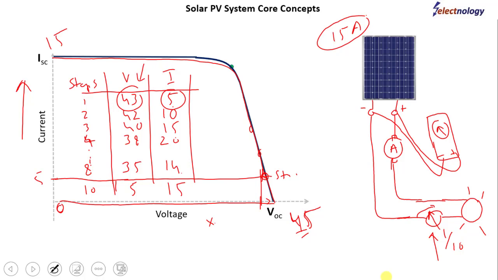Suppose the voltage across the PV module is 35, then the current shall be 14 amperes. So this shows the relationship between the voltage and current of the PV module.